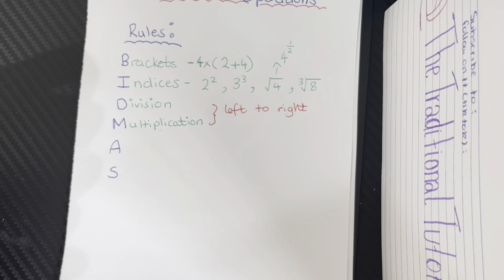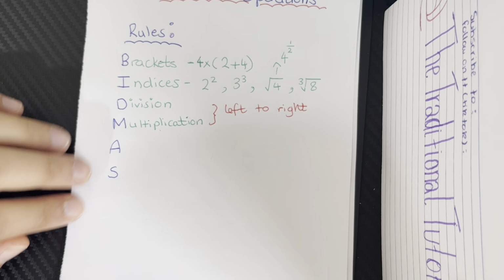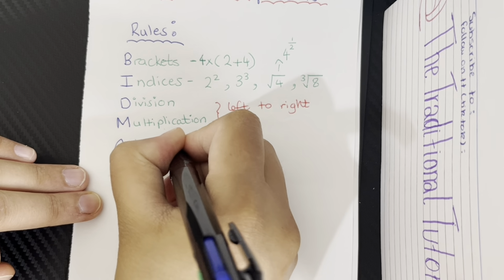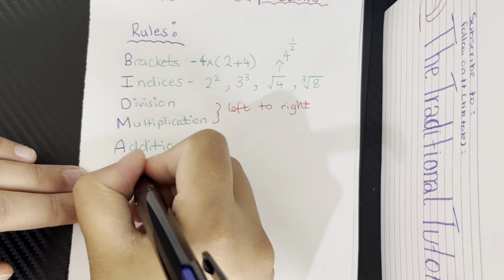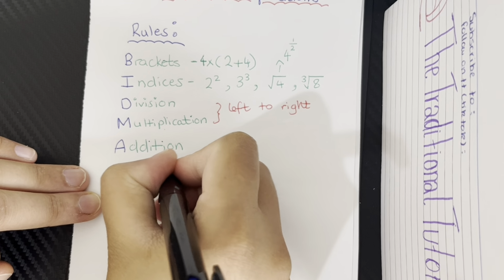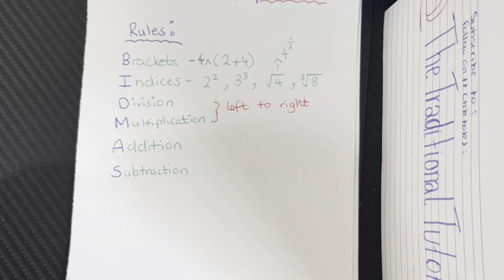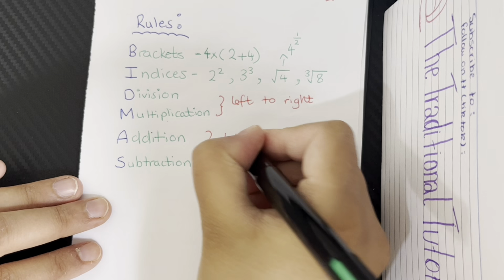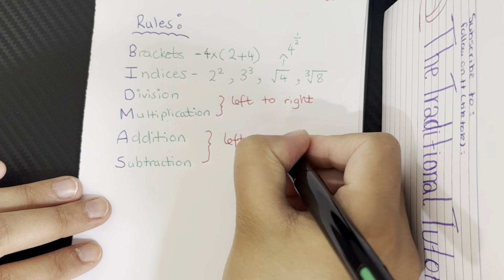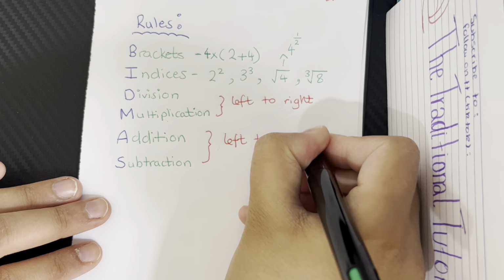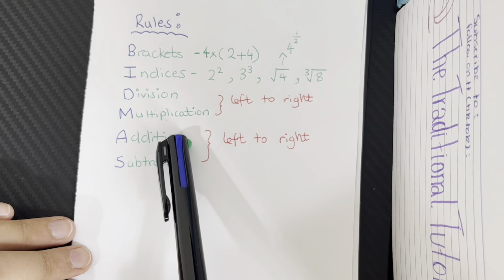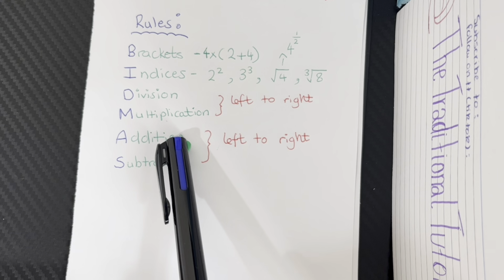And then next we've got our addition and subtraction, which we deal with similarly to division and multiplication, okay. Again, if you've got a question where you've got both of these, you will be doing them left to right. By that, what we mean is, if you've got addition first in your question, you will be solving the addition part first.